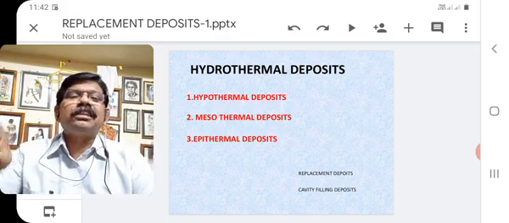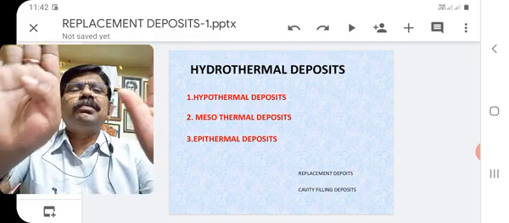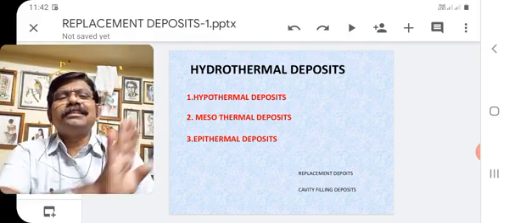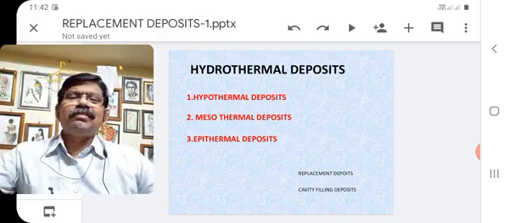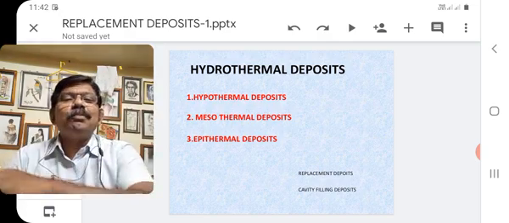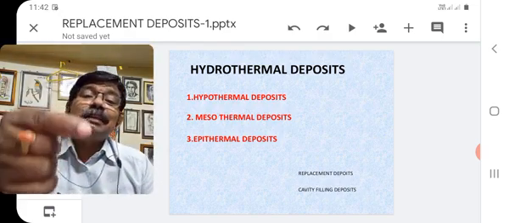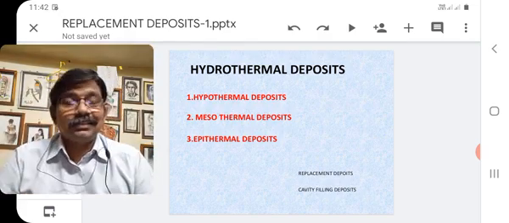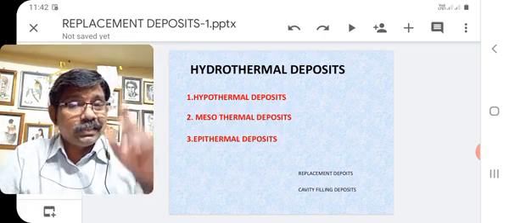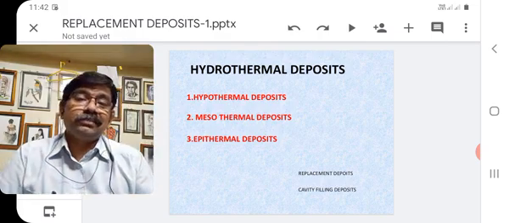It will dissolve that brick and move it outside, and simply gold will be filled in that place, in the brick place. The wall is just like the wall, but the brick is changed, the lime has totally come out, the gold has come in. This process is known as the replacement process. It needs high temperature, 500 degrees to 300 degrees.